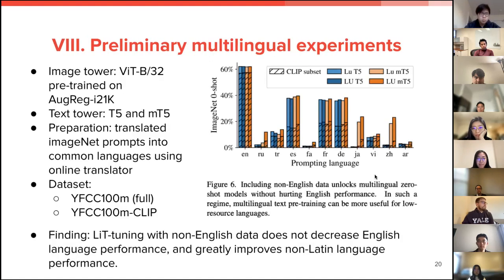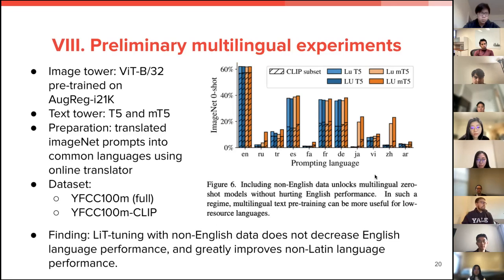And the last piece of information is that the authors also did some preliminary multilingual experiments to explore the model's potential in predicting in foreign languages, not just English. So they used the ViT B32 for the image tower and tried both text towers, T5 and mT5.